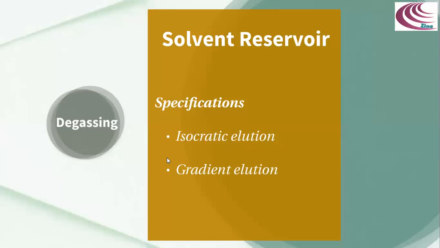The HPLC column is very sensitive to impurities, and therefore the solvents used as a mobile phase require special treatment. The special HPLC grade solvents are also available in the market, which take care of the impurities in the solvents.